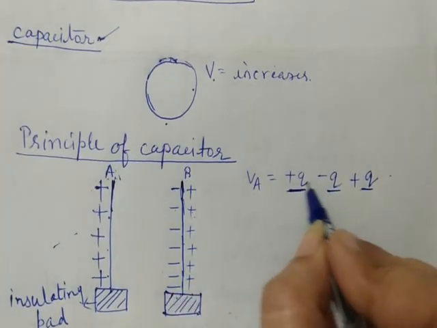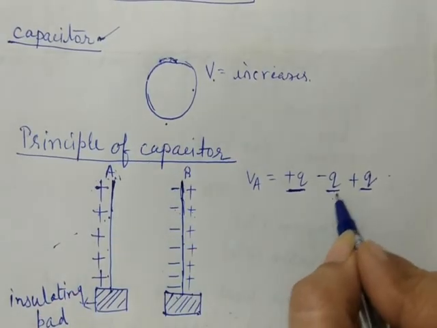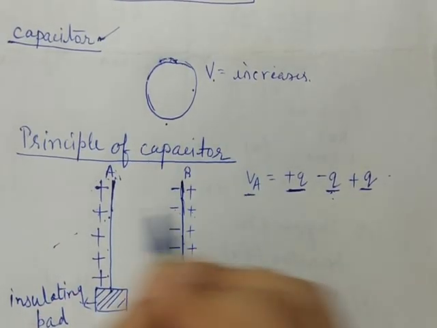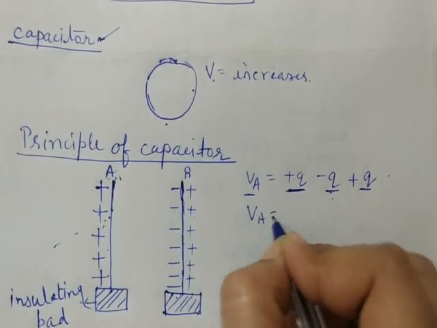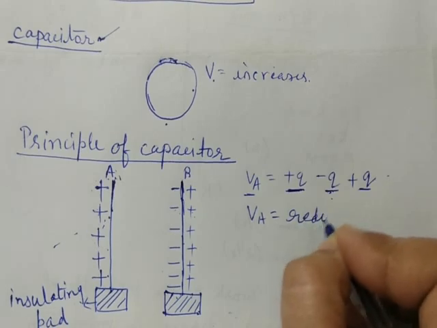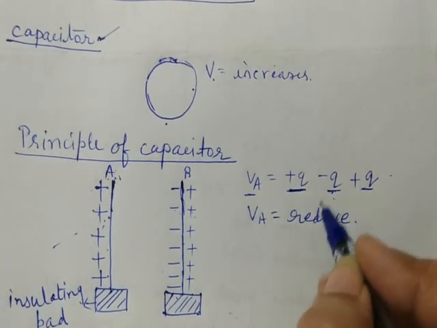As the negative charge is closer to rod A, its effect on the potential of the rod will be maximum, and the net potential of the rod will reduce.